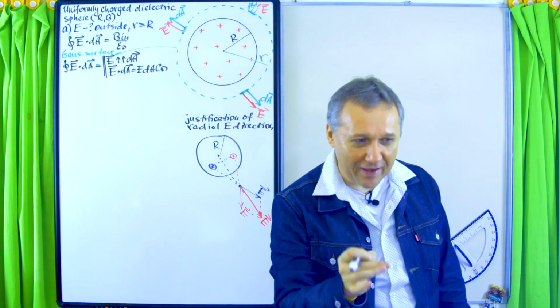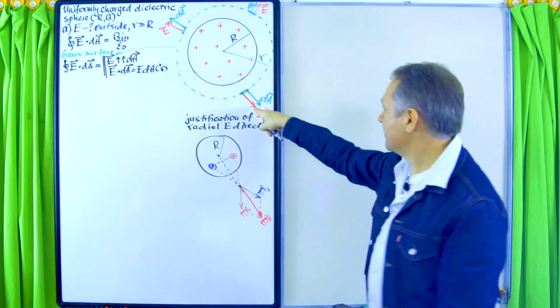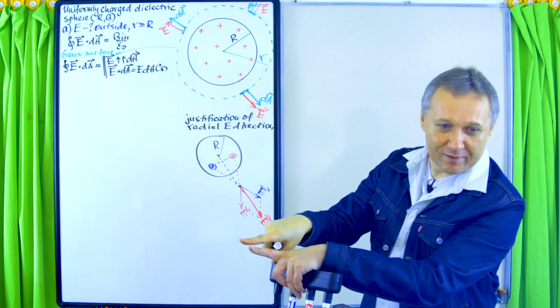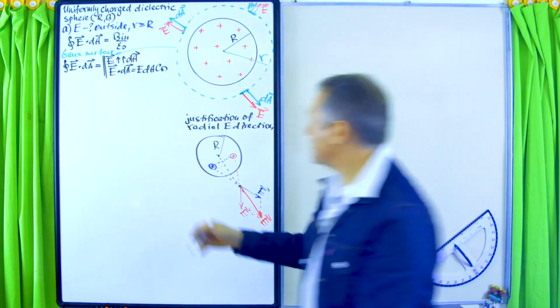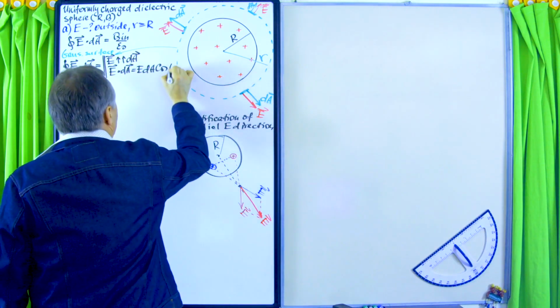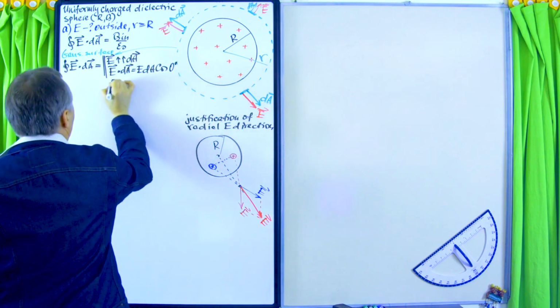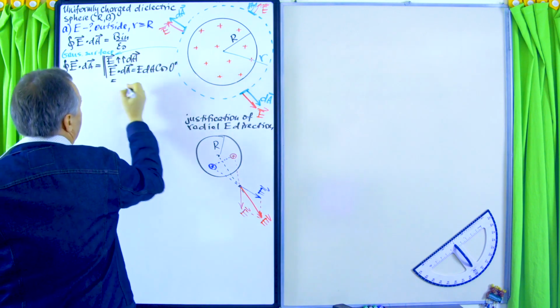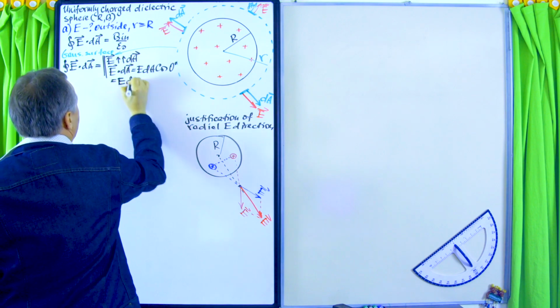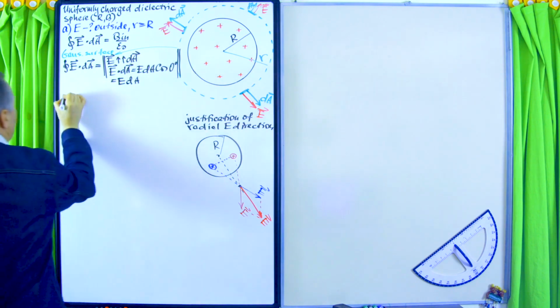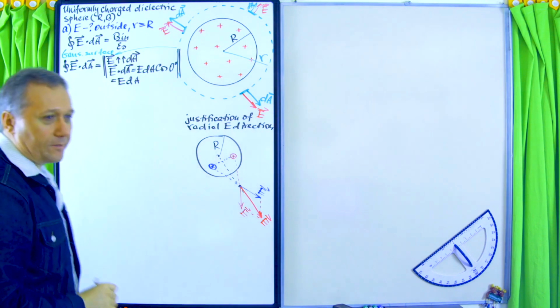What is the angle between these two parallel vectors? The angle between them is 0 degrees. So cosine of 0 degrees is 1, and it will be just E dA.